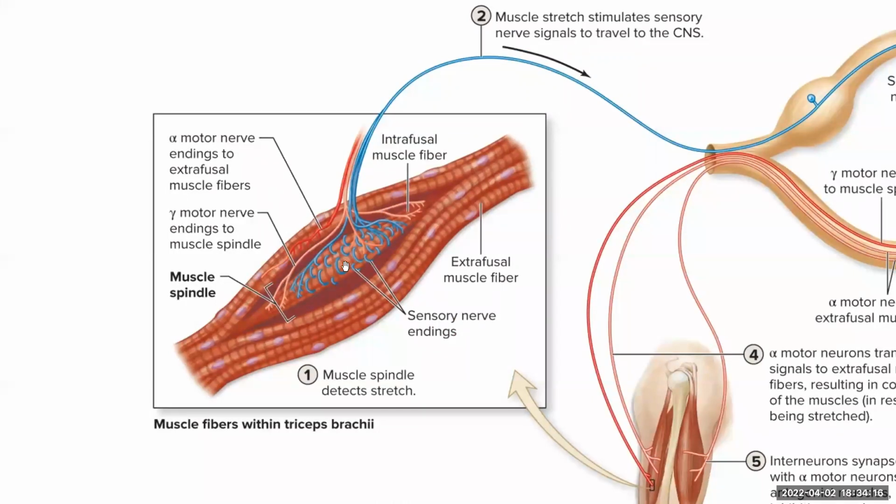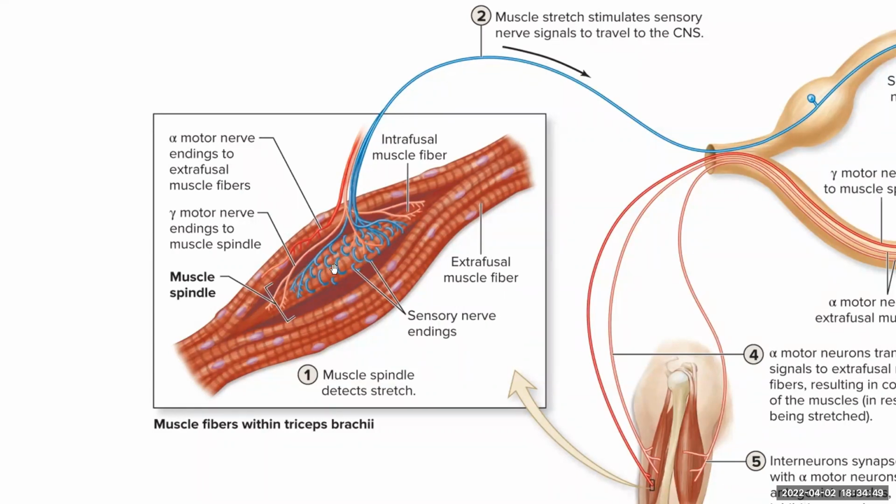On the inside here, our muscle spindle has the intrafusal muscle fibers, and they're going to be wrapped up with these nerve endings here, these sensory nerve endings. So when these intrafusal muscle fibers are being stretched, they will then trigger the sensory neurons to fire off nerve impulses through our sensory neuron.